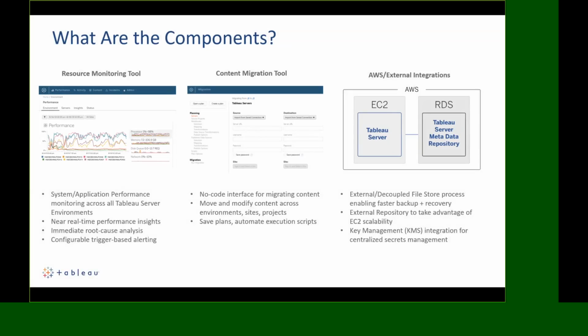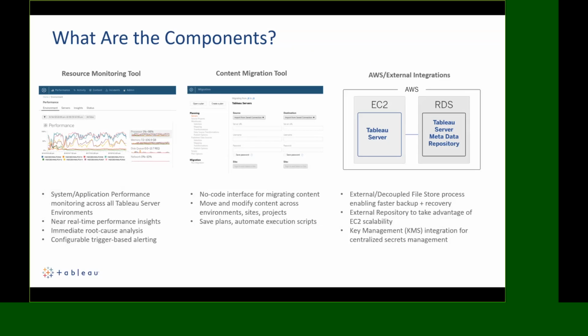Number one, you would be able to use the RDS Postgres instead of the native Postgres database that ships with Tableau Server. That's so that you could take advantage of greater high availability, in the sense that the RDS gives you multi-availability zone HA, as opposed to just the HA that Tableau Server would be configured with.